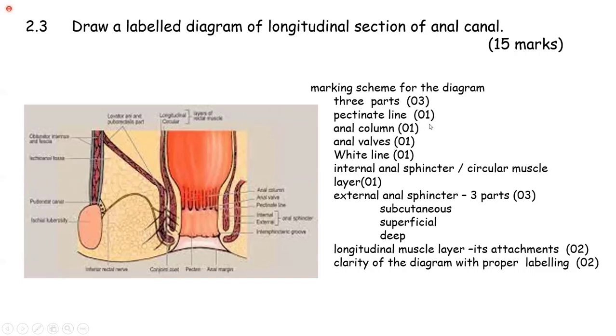And you should mark the pectinate line. You should mark the anal column. Each will get 1 mark. Then the anal valves. Then the white line. All these lines, valves and columns. And you should show us where the internal anal sphincter is.